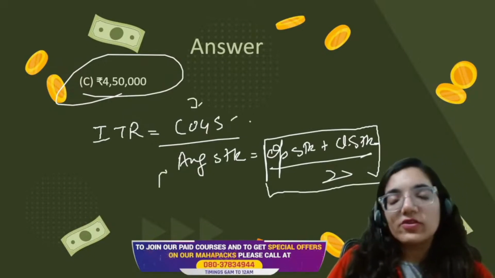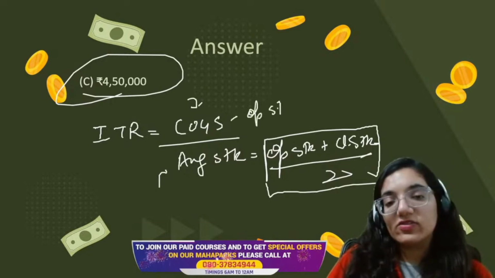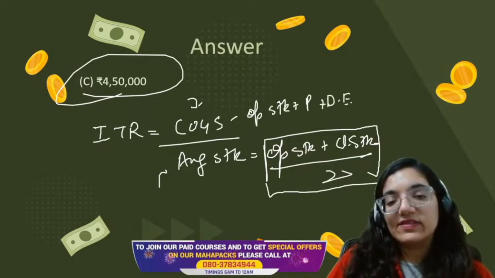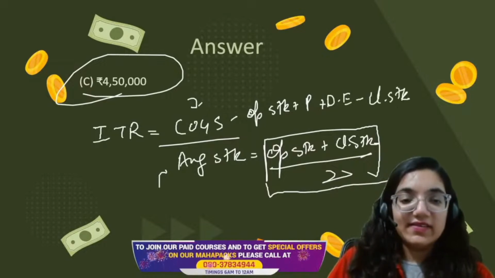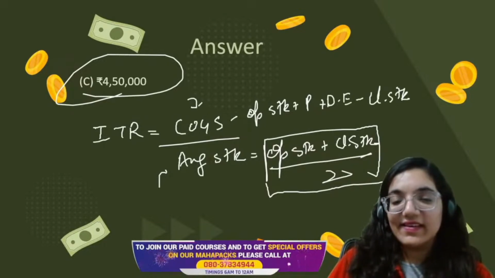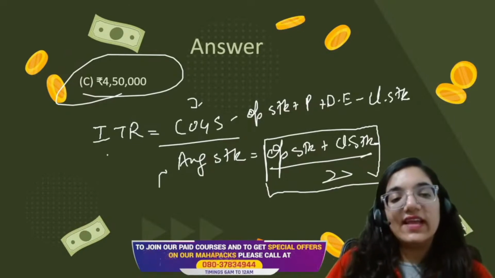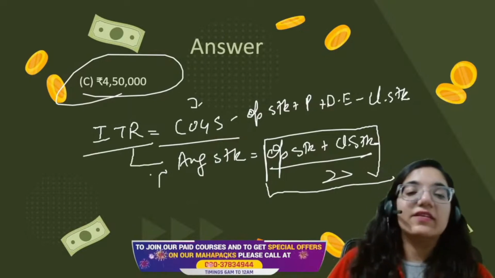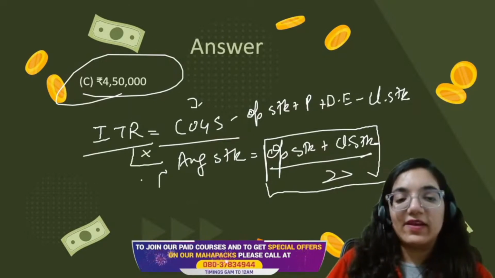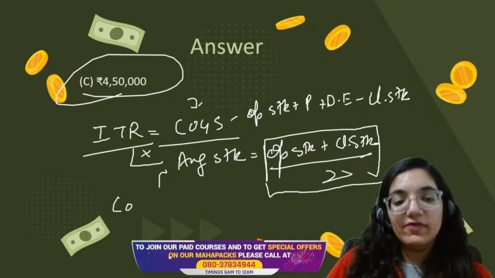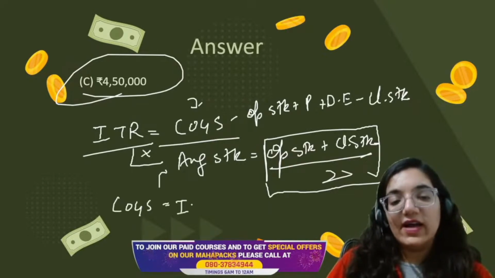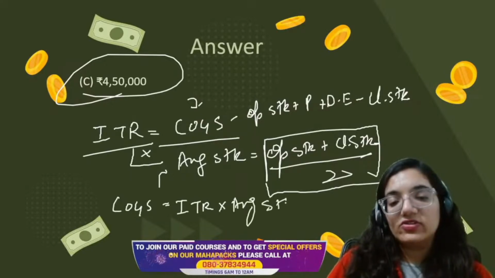This is the cost of the goods that are sold in the market. Opening stock plus purchase plus direct expenses minus closing stock. Done? Okay. These are the formulas that I've used. In this case, they had given the ITR and the average stock. So we could find the value of COGS is equal to ITR multiplied by average stock.